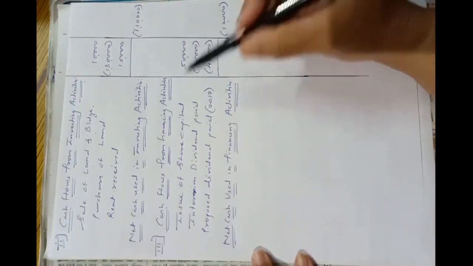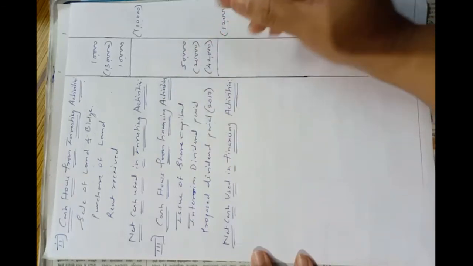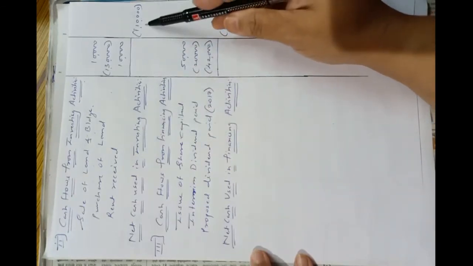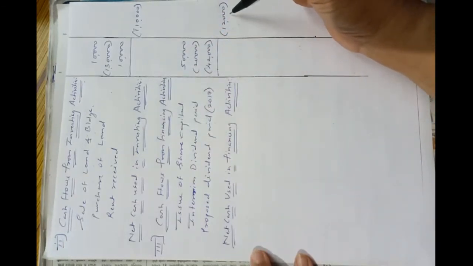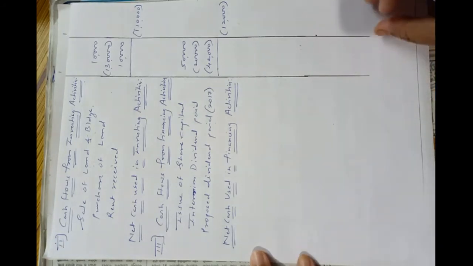This is the final answer of third point. This is the final answer of second point. Negative 1,10,000 and negative 12,000. So it will be 1,22,000 negative.